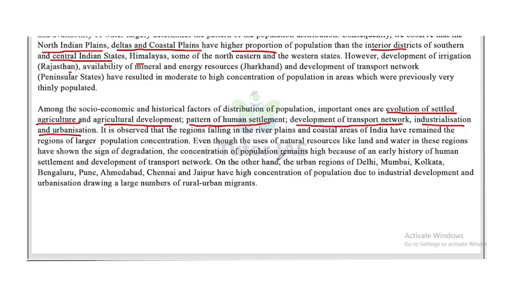The concentration of population remains high because of an early history of human settlement and development of transport network. On the other hand, the urban regions of Delhi, Mumbai, Kolkata, Bangalore, Pune, Ahmedabad, Chennai and Jaipur have high concentration of population due to industrial development and urbanization, drawing a large number of rural-urban migrants.